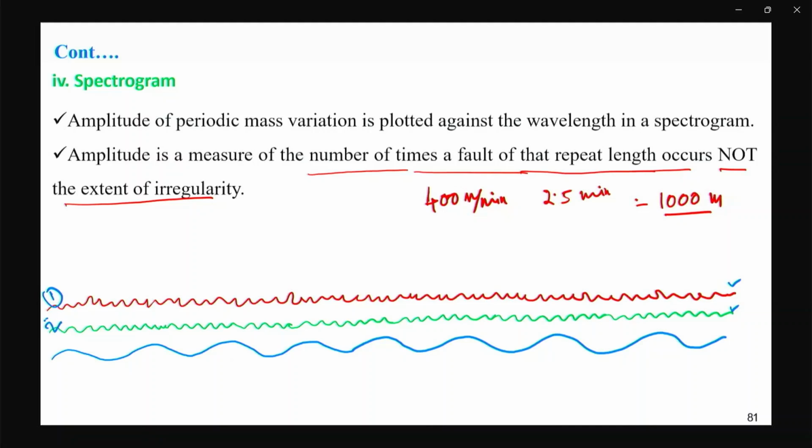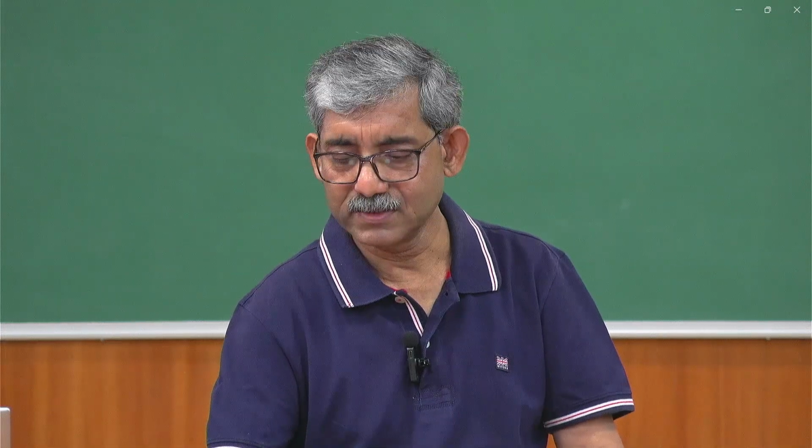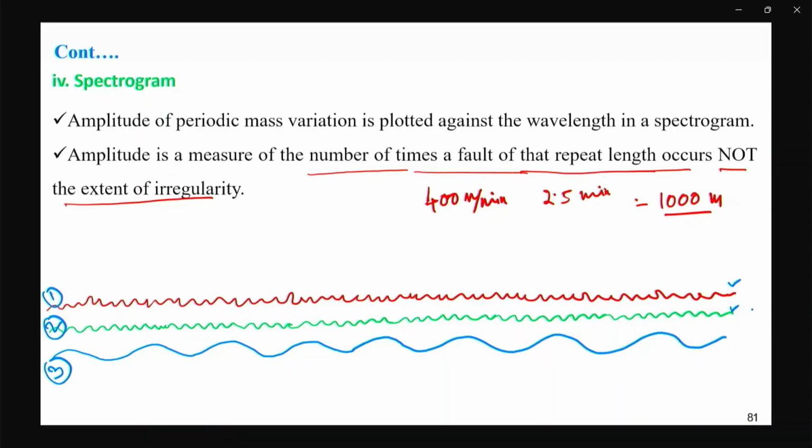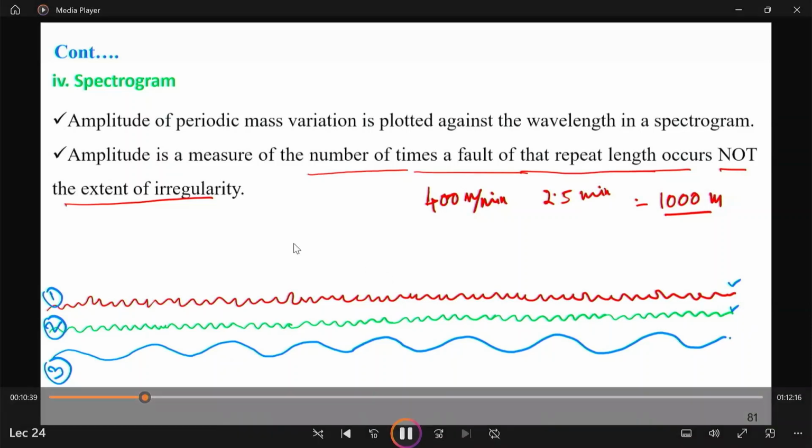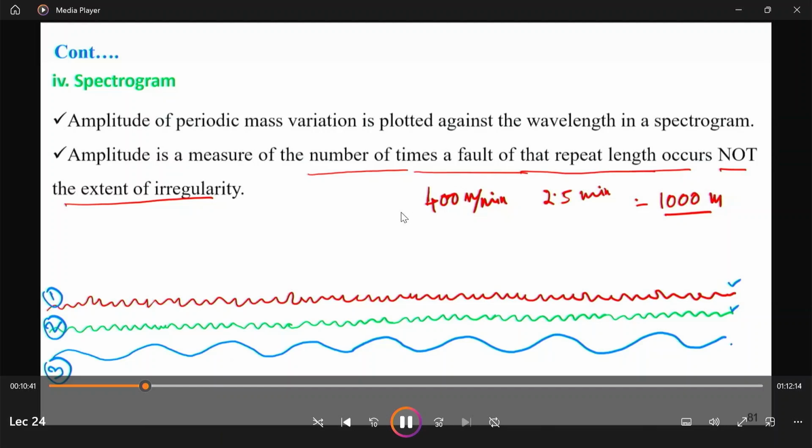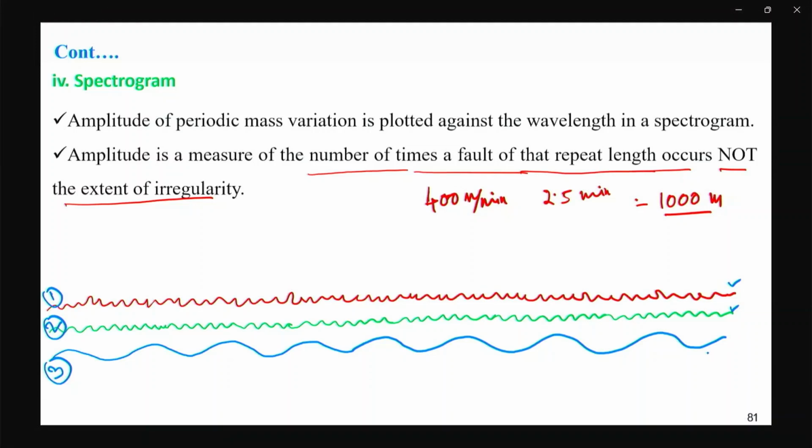So the first yarn is irregular yarn, no periodic fault. In the second yarn periodicity is there, but the length is low, and in the third one the periodicity is again there, but the length of periodicity is high.